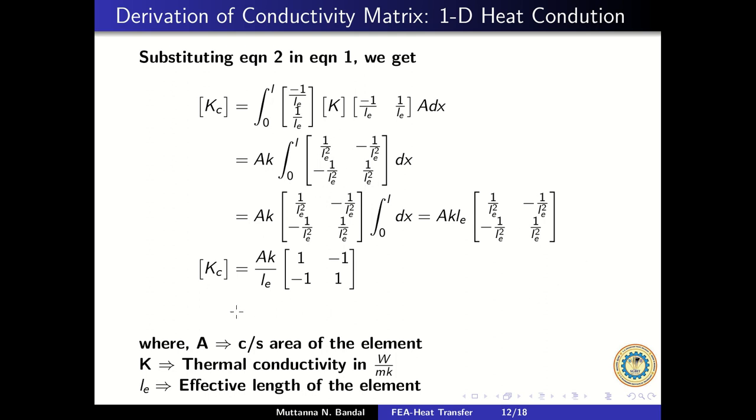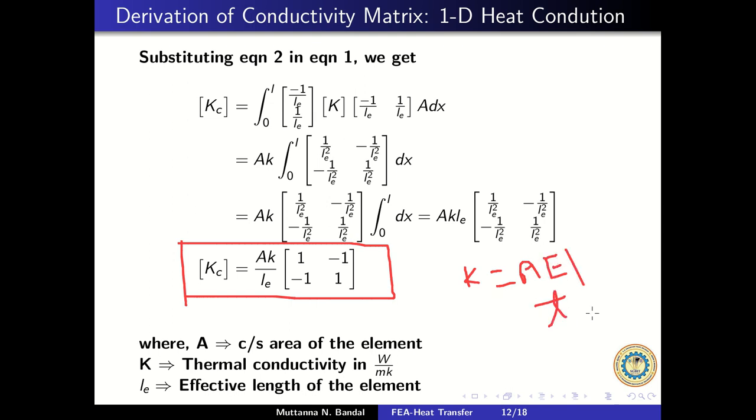So after simplification, we will get what is called the thermal conductivity matrix, which is similar to our stiffness matrix, which was AE by L into 1, minus 1, minus 1, 1.